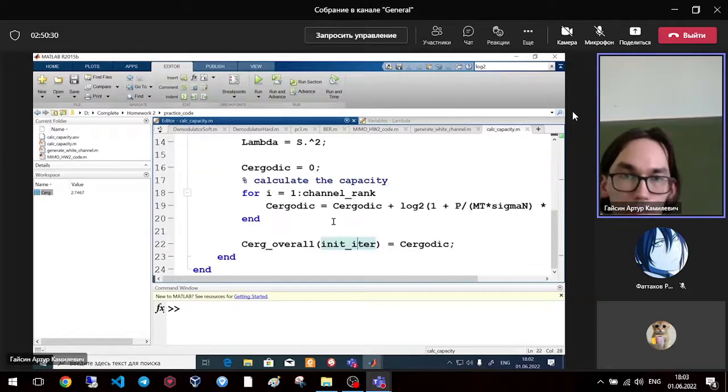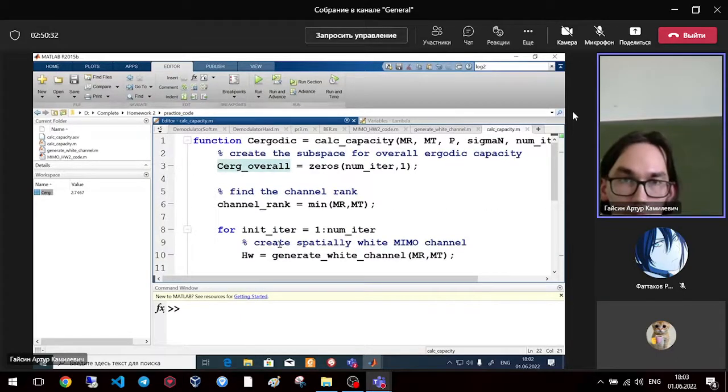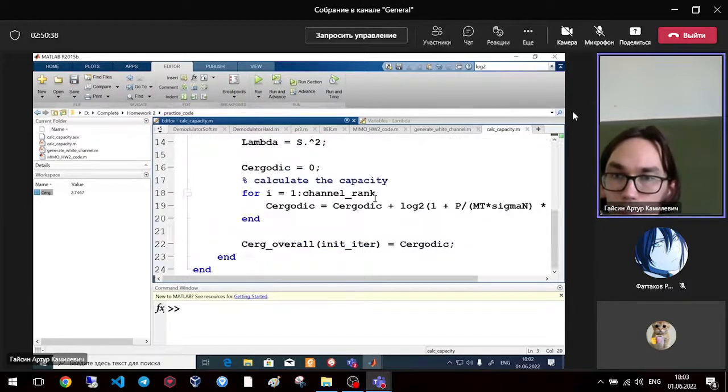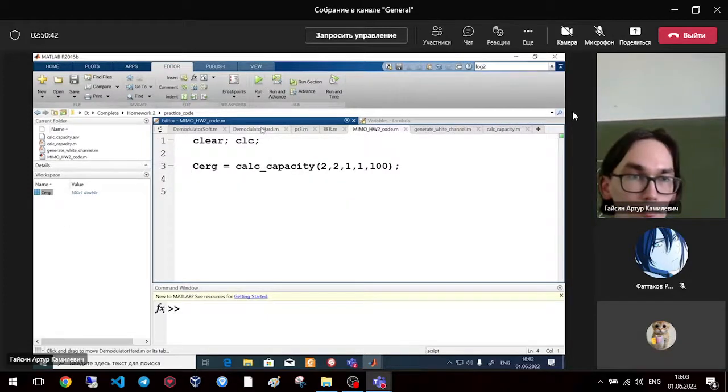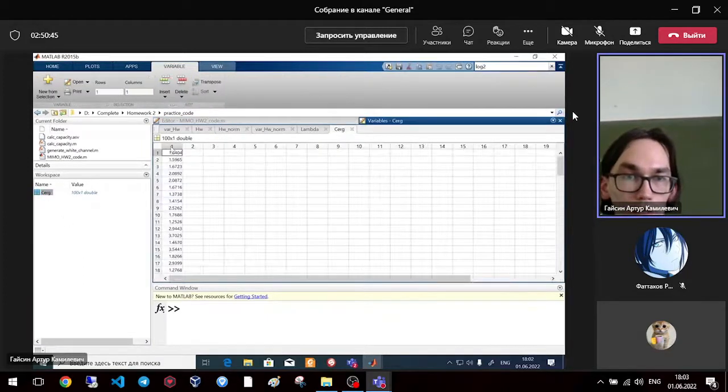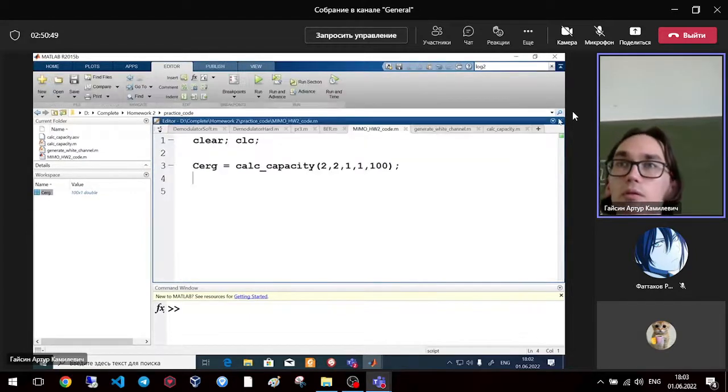And one thing what I should add here, that we change the output of this function. Yes, you can see we have 100 values, but we should calculate the overall.